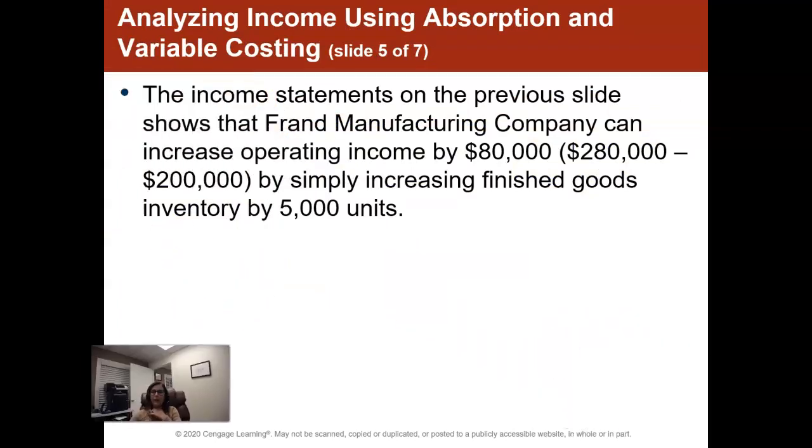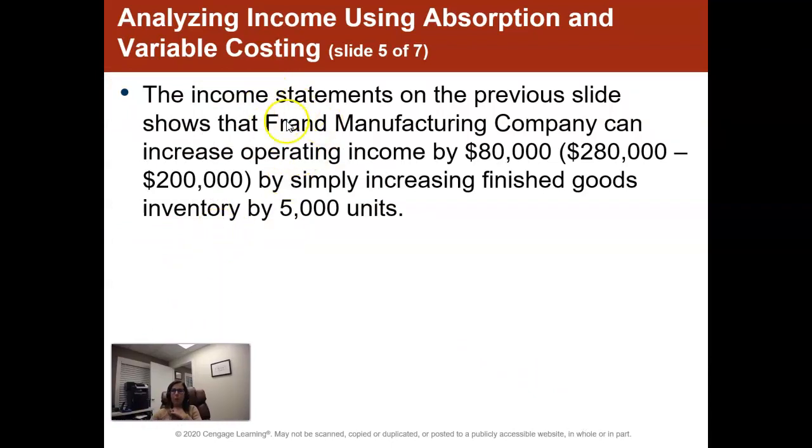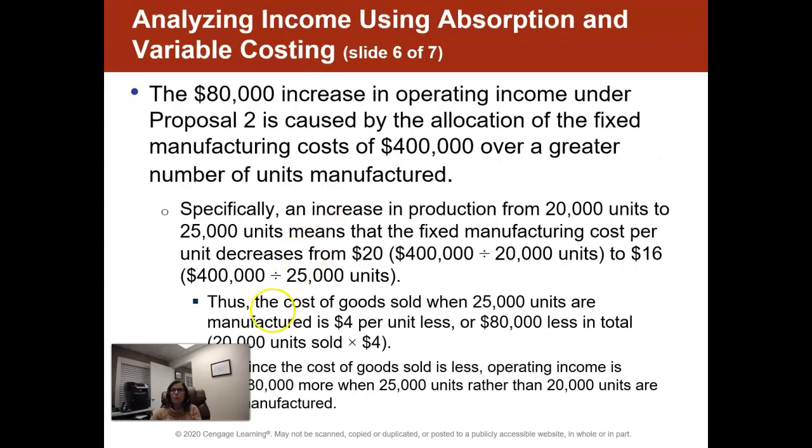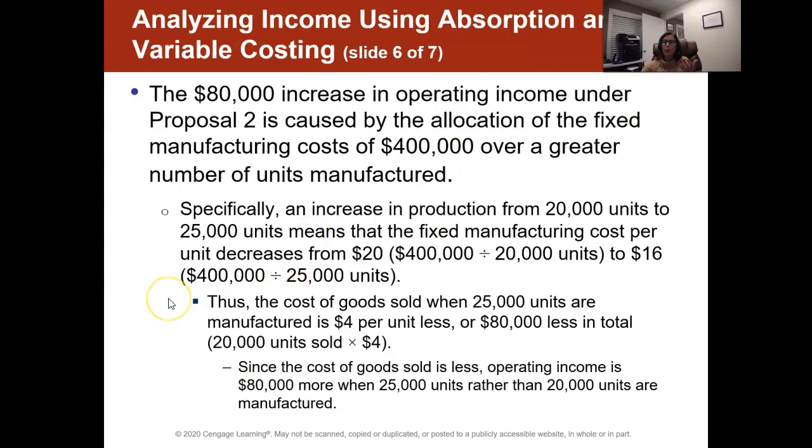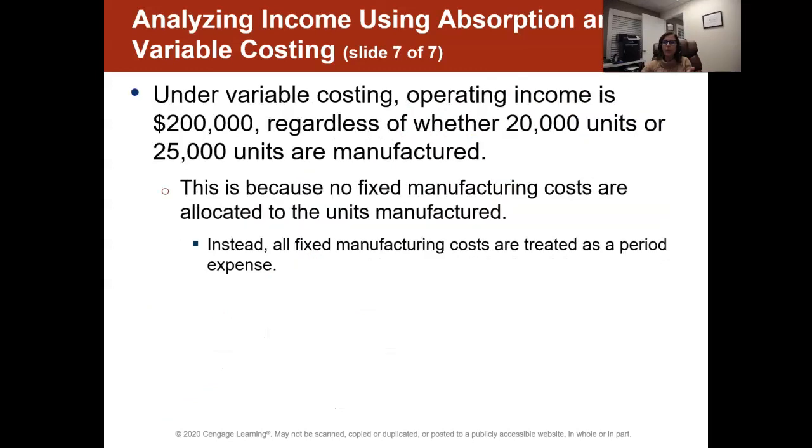And these next couple slides are basically the long way of saying what I just said, which was that by stuffing some of our overhead cost into the 5,000 units that are left in our ending inventory, that doesn't come out of our cost of goods sold, and it looks like we did better than we actually did from an income standpoint.